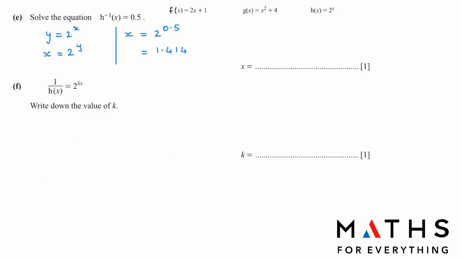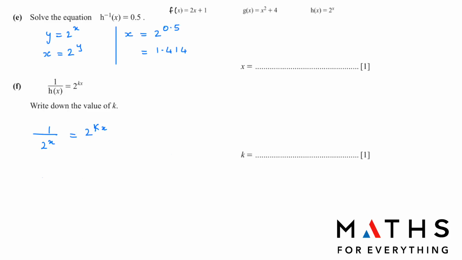That's it. Now for question F, 1 over h of x is equal to 2 to the power of kx. We will replace the h of x with 2 to the power of x. You know that if you want to bring any power from the denominator to the numerator, the sign changes. This is positive, when you bring it up, it will become negative.